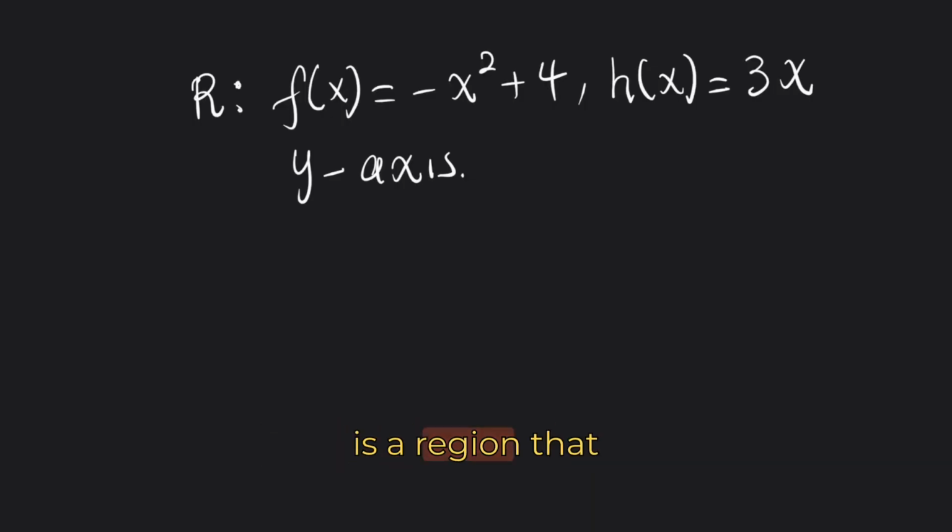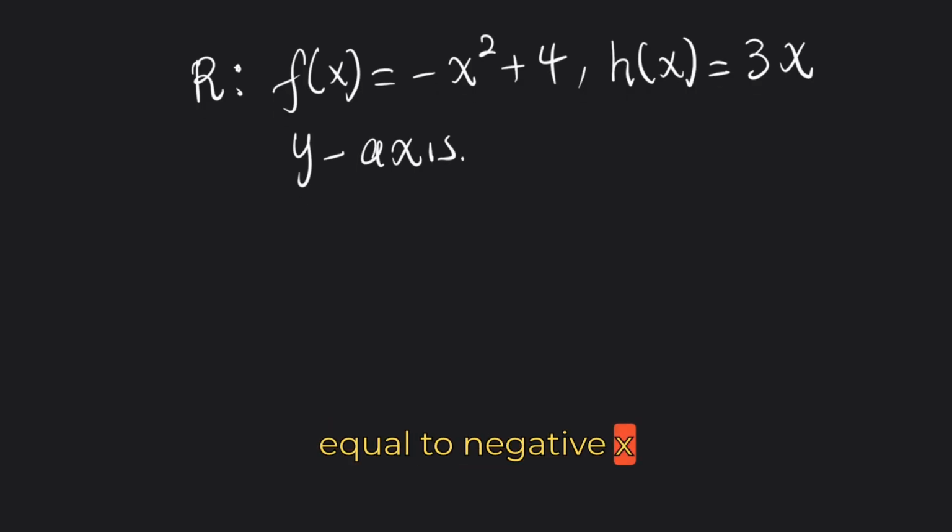There is a region that is bounded by the function f of x equal to negative x squared plus 4, h of x equal to 3x, and the y-axis. The first thing is to find the intersecting points between f of x and h of x.